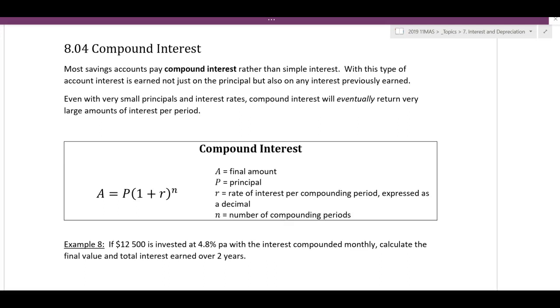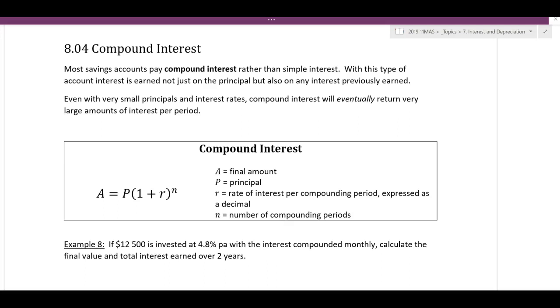So that next time when they calculate how much interest you need to be paid, it's calculated not just on the original principal, but also on any interest that you've earned up to that point. So what happens is over time, the interest starts to grow faster and faster.